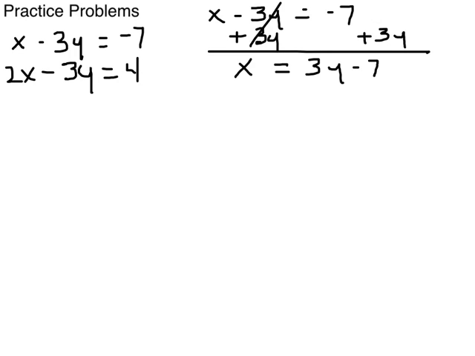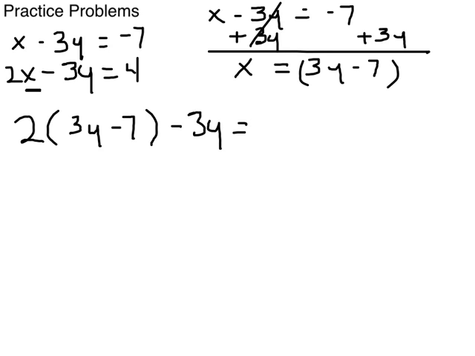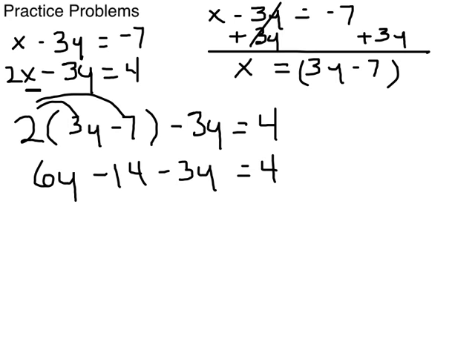All right, now right here where this x is, I'm going to substitute this. So 2 times 3y minus 7, and then minus 3y is equal to 4. Do my distributive property. 6y minus 14 minus 3y equals 4.